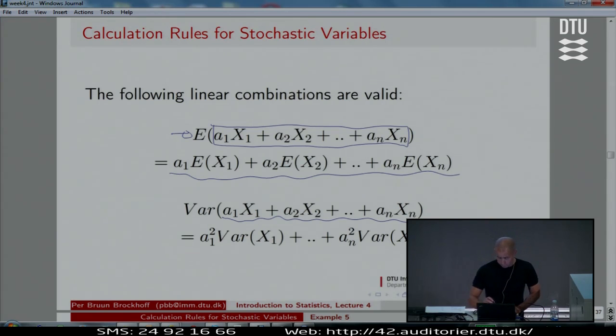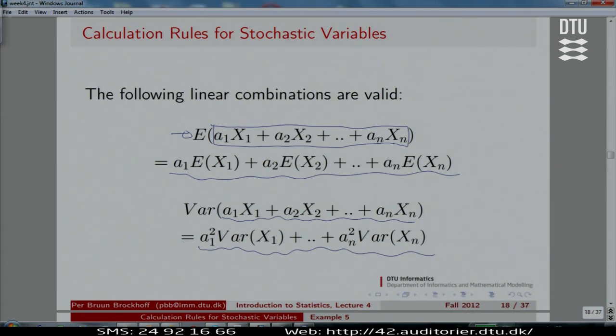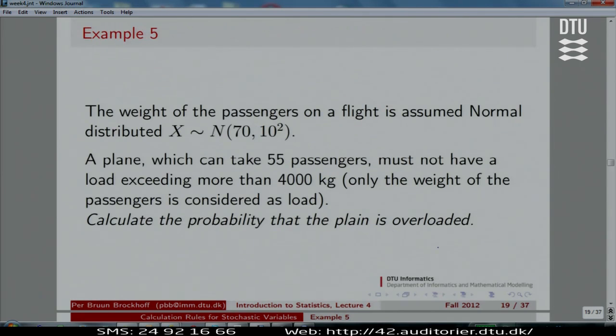Well, probably not surprising, it becomes not exactly the linear combination of the variances, or you could say a linear combination of the variances, but using the squared a's throughout. So it's a kind of straightforward generalization of the simple rule from the previous slide. That is something that we will apply. Let's dig right into it.